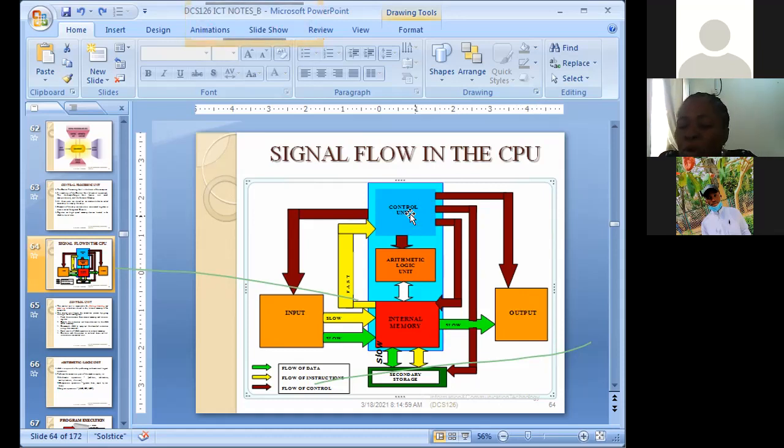Remember, the same control unit had signaled the internal memory to release the output at this juncture to the output device. So you see this green arrow going to the output device. So with this, I think we can move on.